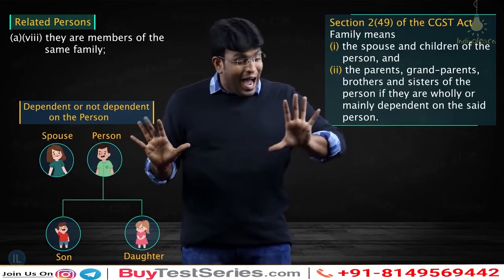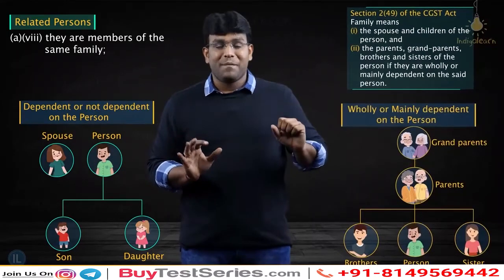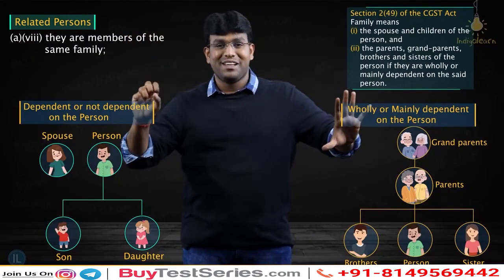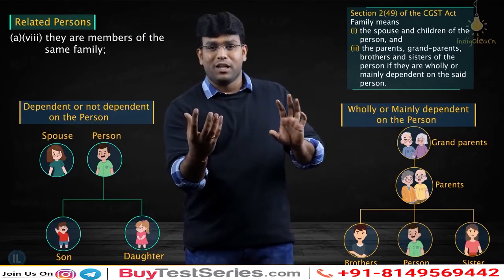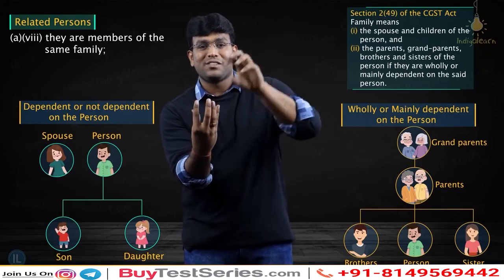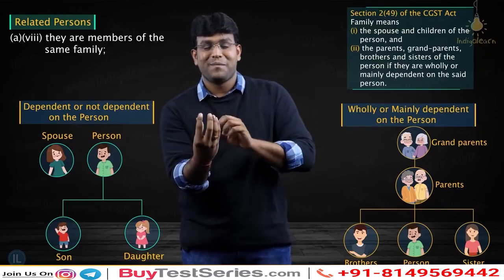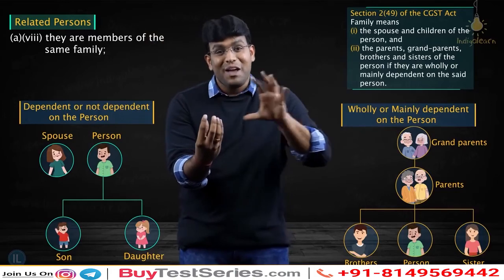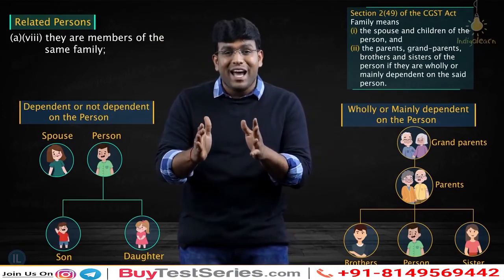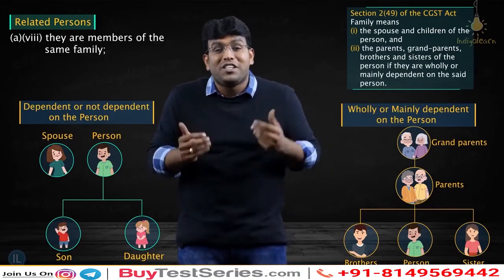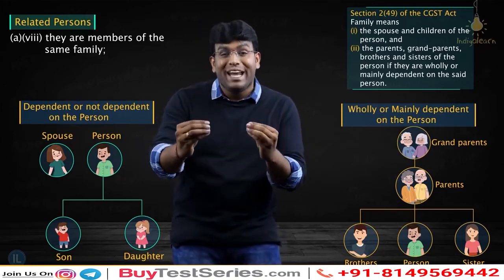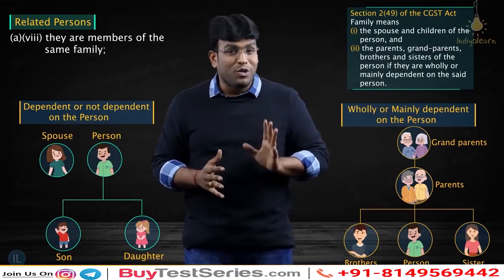The other part: parents, grandparents, brothers, sister. So for an individual, imagine Shiva Teja, an individual, these four, parents, grandparents, brothers, sister, are covered only if they are dependent on Shiva Teja. That too, how dependent? Wholly or mainly dependent. So I repeat one more time.